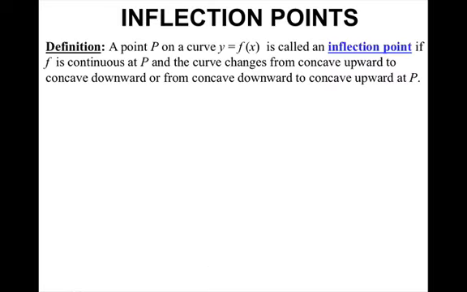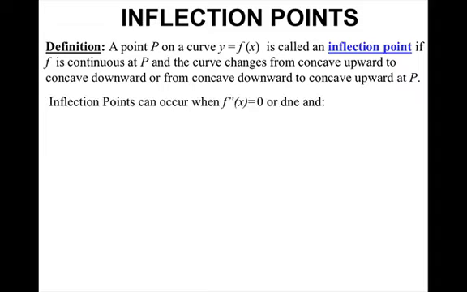This leads into what we call inflection points. So a point P on a curve y equals f of x is called an inflection point if f is continuous at P and the curve changes from concave upward to concave downward, or from concave downward to concave upward at P. So inflection points can occur when f double prime is equal to 0 or does not exist.